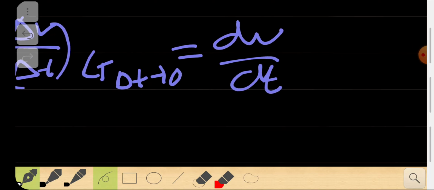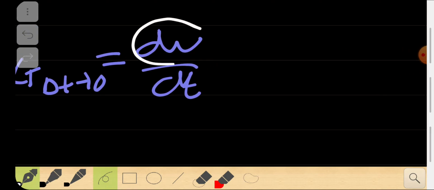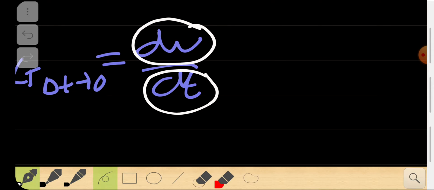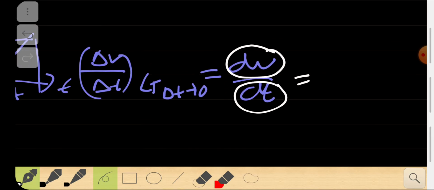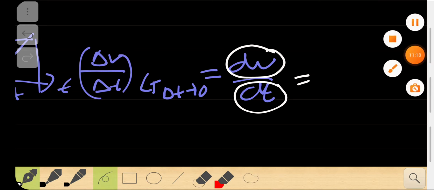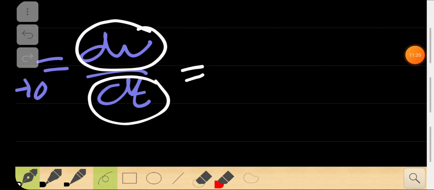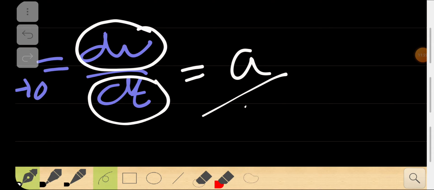Now what is this dv? This dv and dt are called Leibniz differentials. These are notations for differentials. So dv by dt, the time derivative, the rate of change of velocity, is called the acceleration. So you can clearly understand that this is the acceleration.